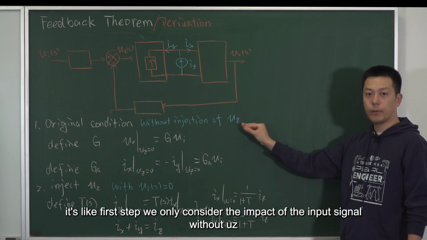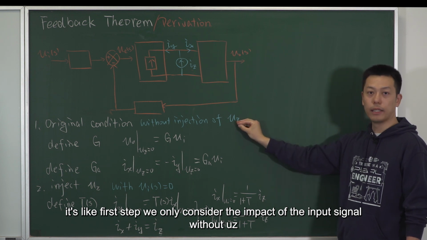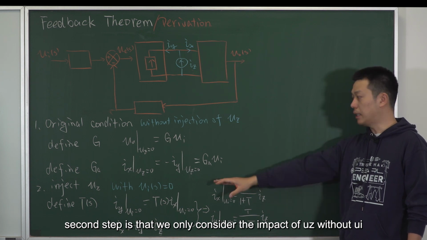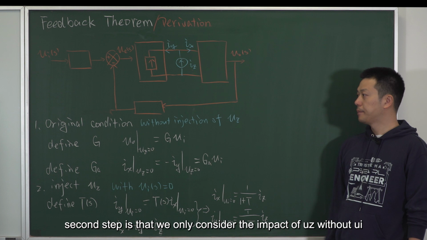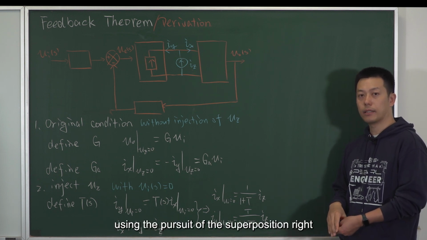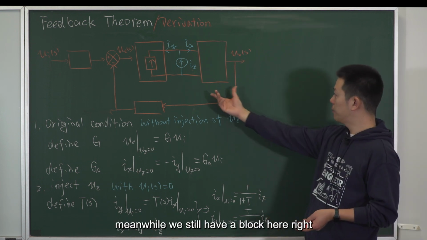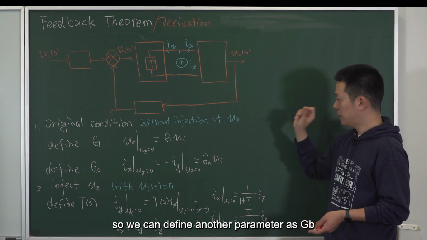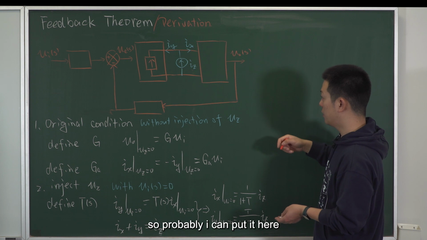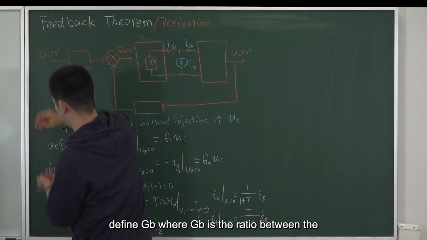In the first step, we only consider the impact of the input signal without UZ. The second step is that we only consider the impact of UZ without UI. So next, we can combine them together using the principle of superposition. Meanwhile, we still have a block here, so we can define another parameter as GB.